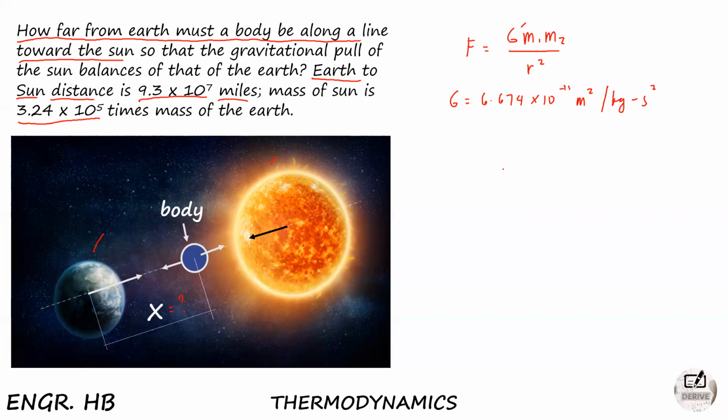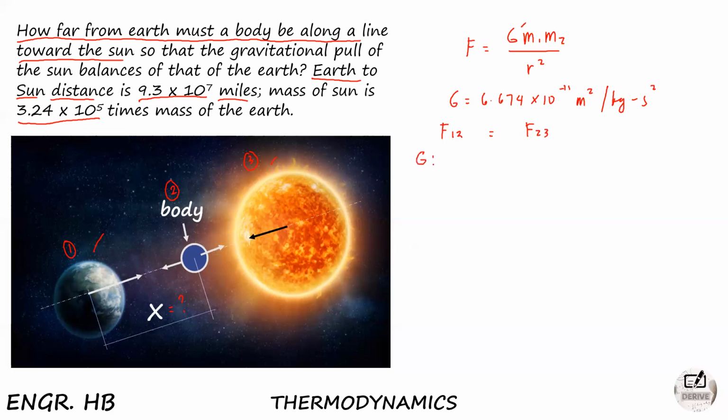So since the problem says the gravitational pull of the sun balances that of the earth, meaning yung force nila or gravitational pull is pareho. So sabihin natin this is 1, 2, 3. Meaning, sabi, ang gravitational pull between 1 to 2 is equal daw to gravitational pull between 2 to 3. And we can equate this formula.